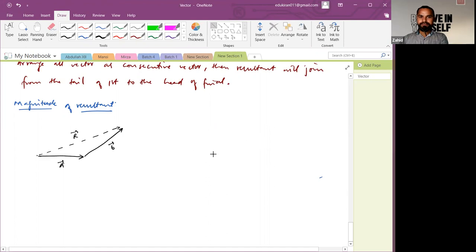So let's say this A having magnitude A, B having magnitude B, and resultant R having magnitude R.